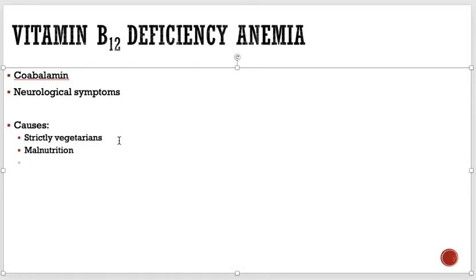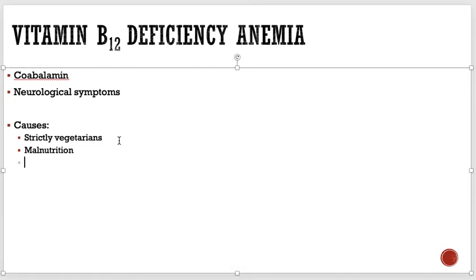Now, the important thing to know is how vitamin B12 is absorbed in the body. Basically, we have intrinsic factor in our saliva and stomach. Whenever we eat anything, the vitamin B12 is bound with the intrinsic factor.